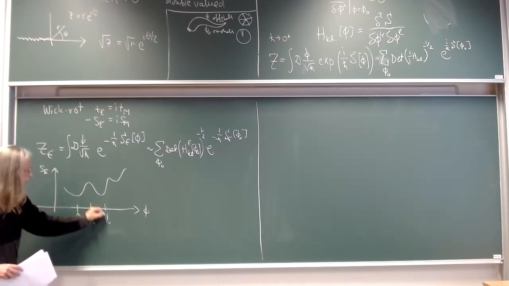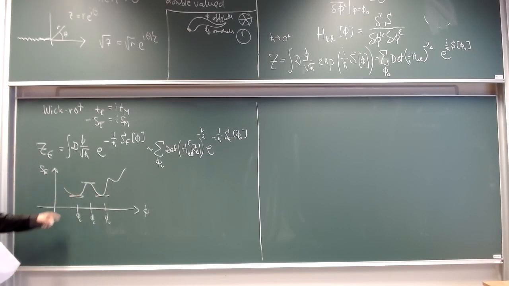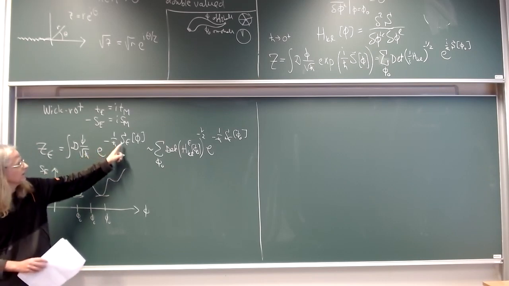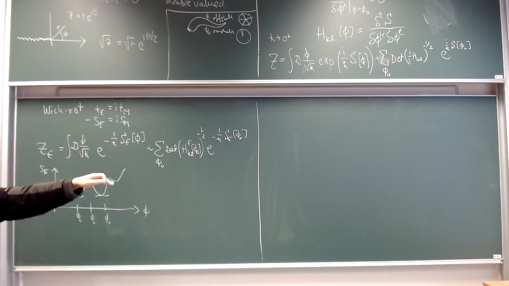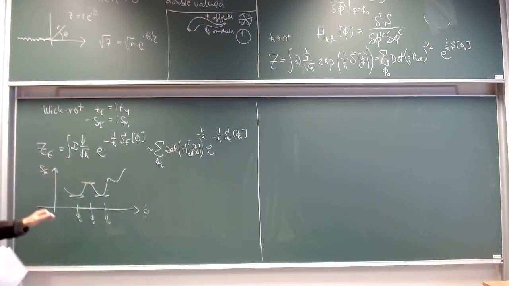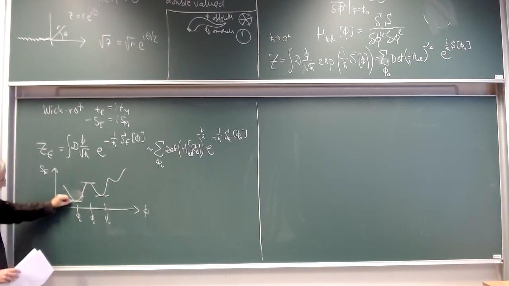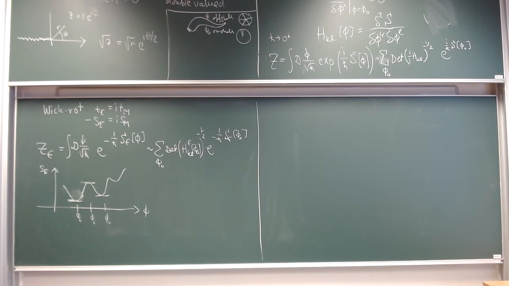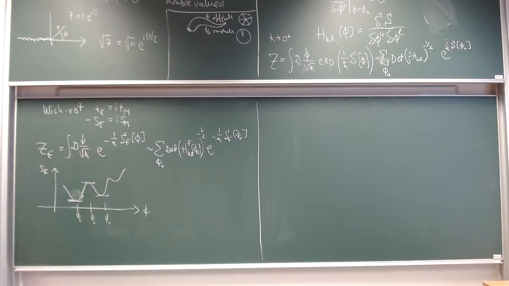So this is another stationary configuration, and the point is that this exponential, if the action is big, becomes subdominant. But the biggest contribution, if you draw this one a little bit further down, so this is like the ground state in this picture, will come from where the action is smallest, so the Boltzmann factor will be the biggest.